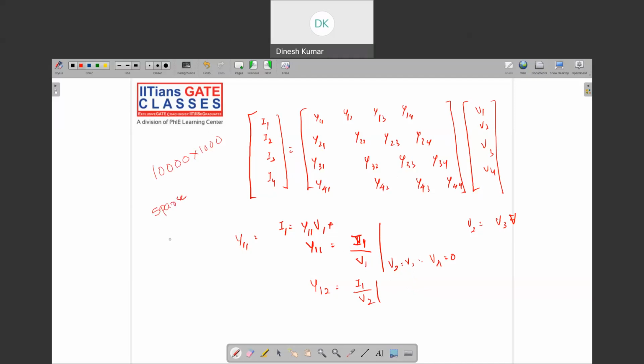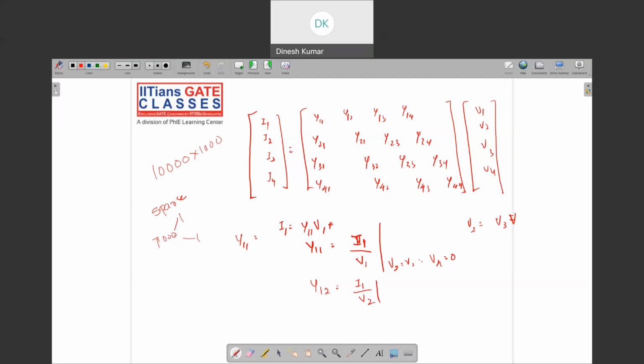Because in the Y matrix there will be connections between nearby buses only, so there will be no connection between the first and 7,000th bus. The 7,000th bus will mostly have connections with 7,000 minus 1 and 7,000 plus 1, or 7,000 minus 2. So like 3 or 4 bus connections will be there.